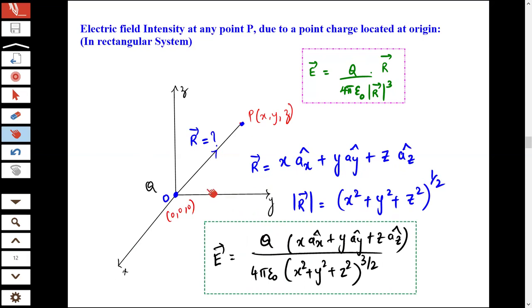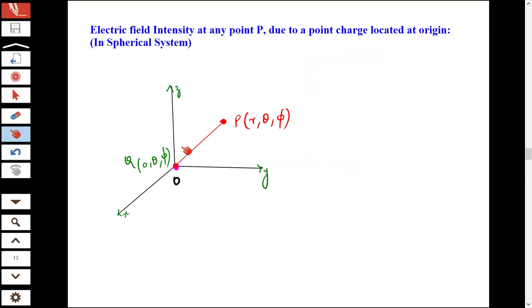Next, we are going to consider the other coordinate system for the same scenario to find the expression for electric field intensity, so that we will have a better understanding of which coordinate system is simpler to solve this example. If we consider a spherical system of coordinates, the point P will be represented with the coordinates of radius r, elevation angle theta, and azimuth angle phi.